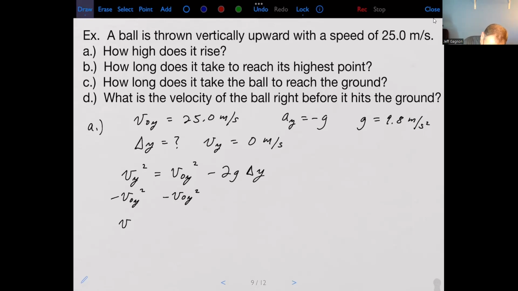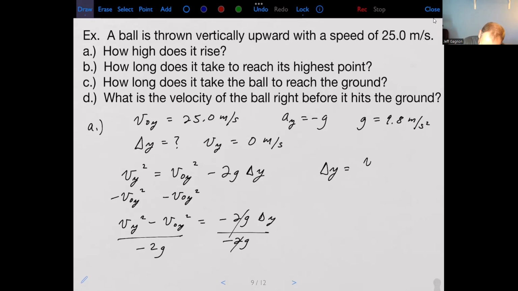I'll subtract v naught y squared from both sides, and then I'm going to divide by minus 2g. Okay, so this will cancel, and I'll finish over here. I'm going to have delta y is equal to v_y squared minus v naught y squared divided by minus 2g. Okay, so now let me plug in. Final velocity is 0. Initial was 25.